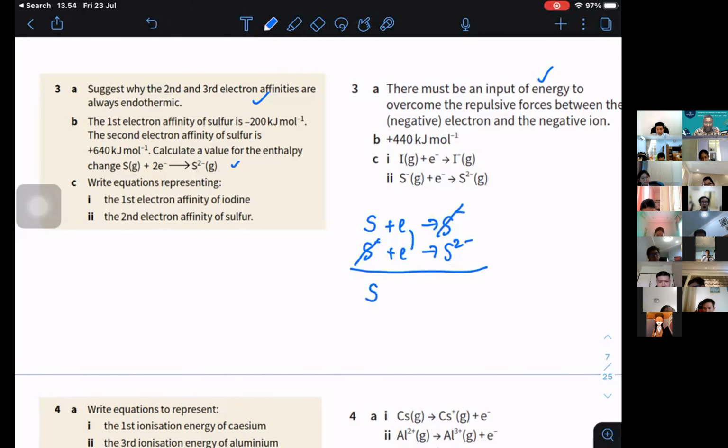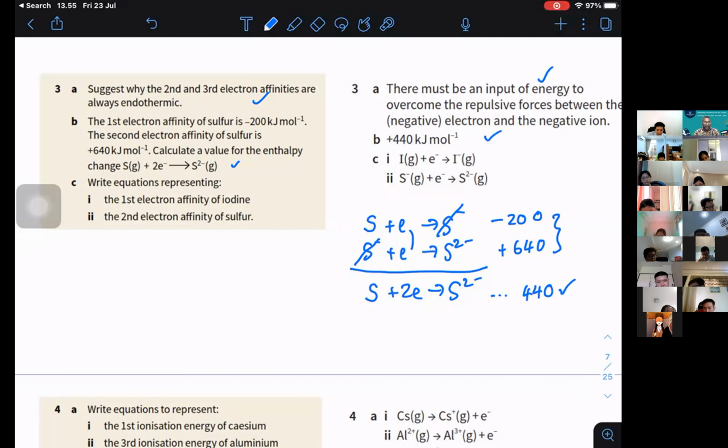You will get sulfur plus 2 electrons gives S2-. That is what we were looking for. So if this is negative 200 and this is positive 640, you just add these two, and you are going to get 414 as the answer.